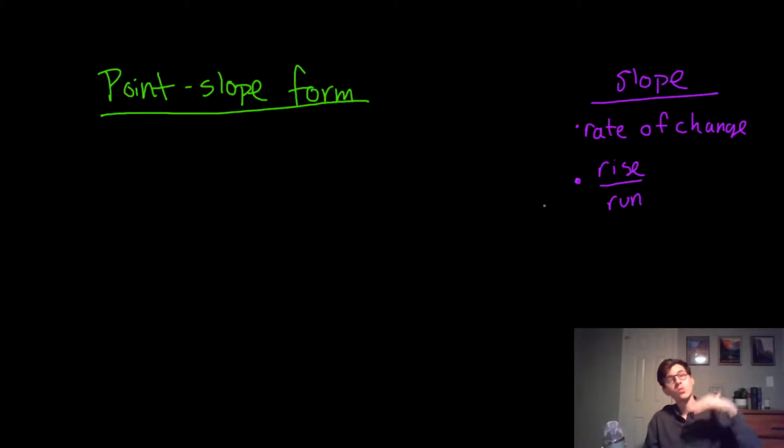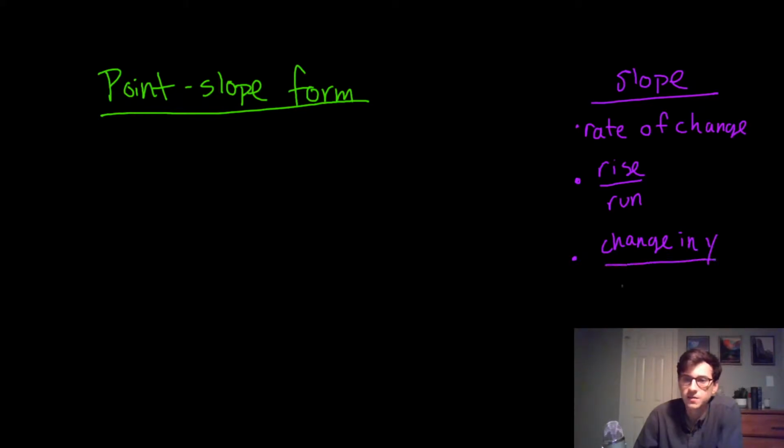How much we change vertically divided by how much we change horizontally over a given interval. I like to think about it as change in y divided by change in x, right? Change in y over change in x. Y is just what we call that vertical axis, and x is what we call the horizontal axis.